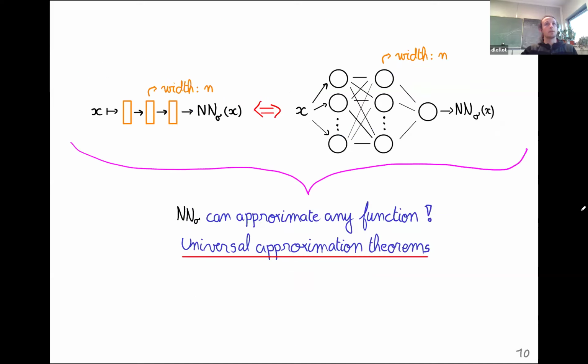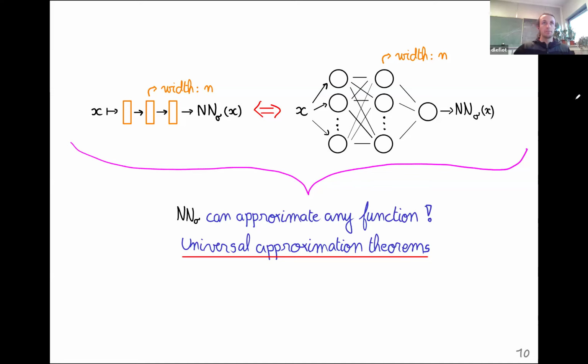Okay. So now I presented the neural network as an alternation between a linear layer and an activation layer. But this is actually completely equivalent to the picture of the neural network in terms of neurons. It's just two ways to express the same thing.